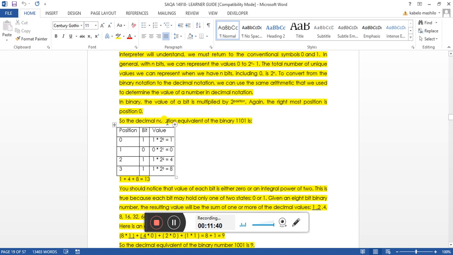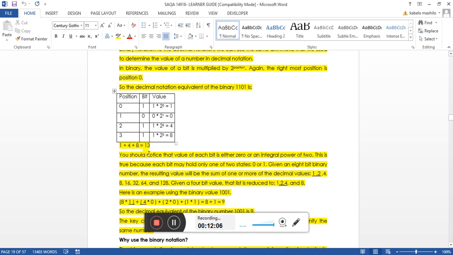So the decimal equivalent of the binary 1001 is 1 times 2 to the power 0, which is 1, and 0 times 2 to the power 1, which is 0, and then 0 times 2 to the power 2, which is 0, and 1 times 2 to the power 3 will give you 8. So when you add this in total, it will give you 9.